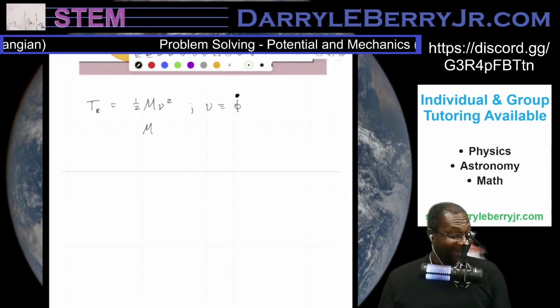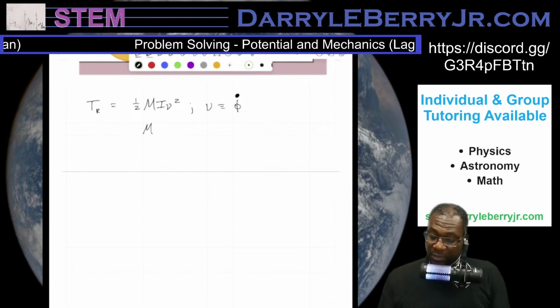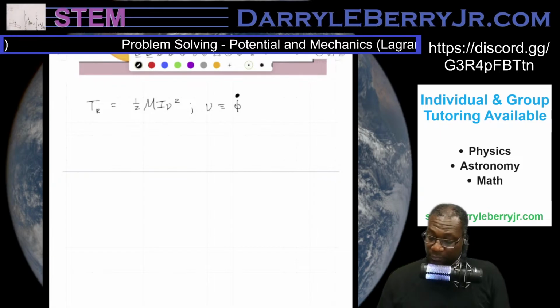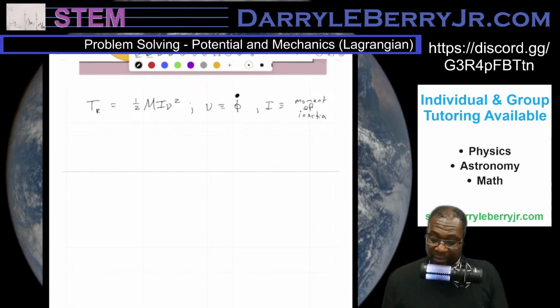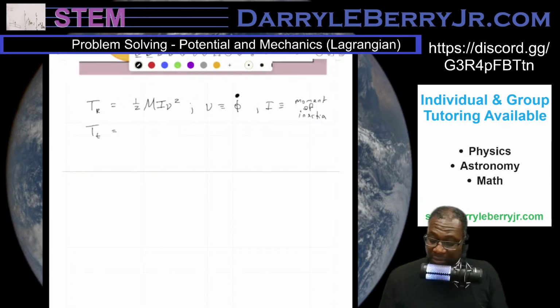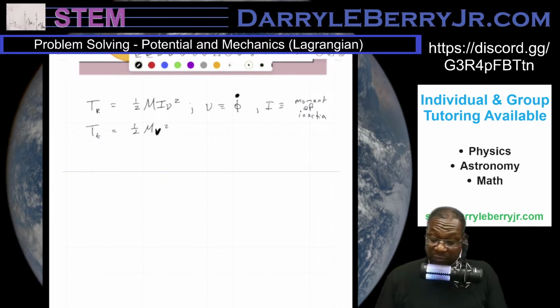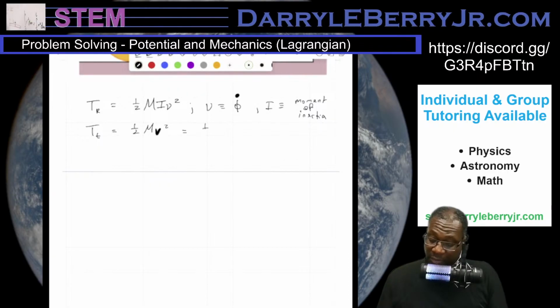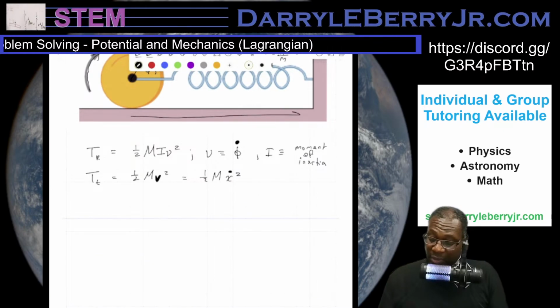I need to add the I in addition to that. Have this where I is the moment of inertia of the rolling object, and T translational is 1/2 m v squared, or normal v squared, and I'll call this 1/2 m x dot squared, where the center of mass is moving along x.